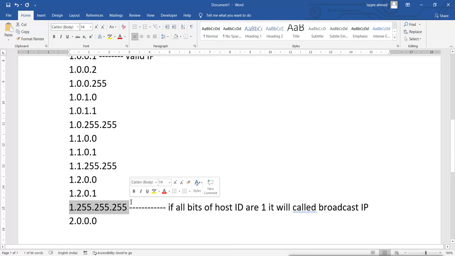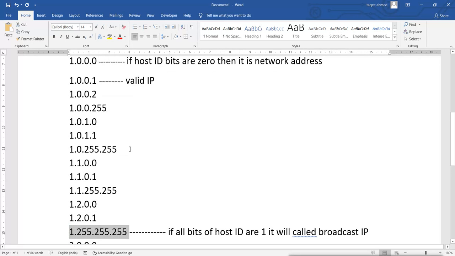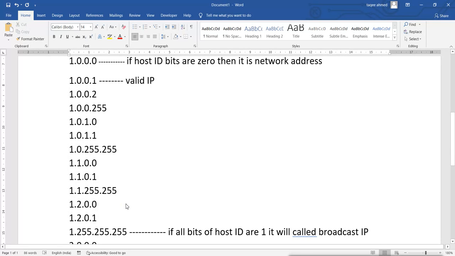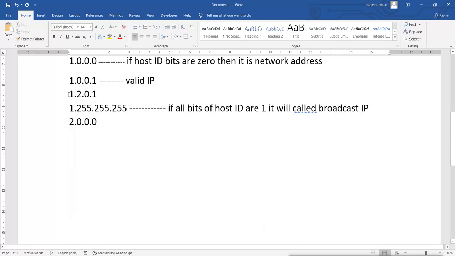So you can use only the IPs in between the network and broadcast IP, and these IPs are called valid IPs. And the rest of the IPs, the network and broadcast IP, are the ones which you cannot use.